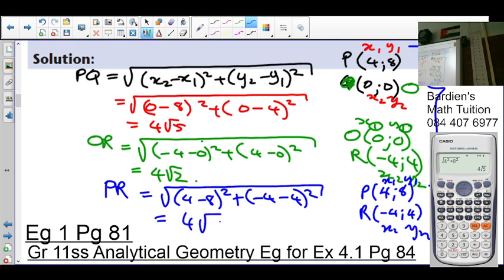People, what do you notice? We notice now that PO and OR is the same. Can you see that, people? Both are 4 root 5.